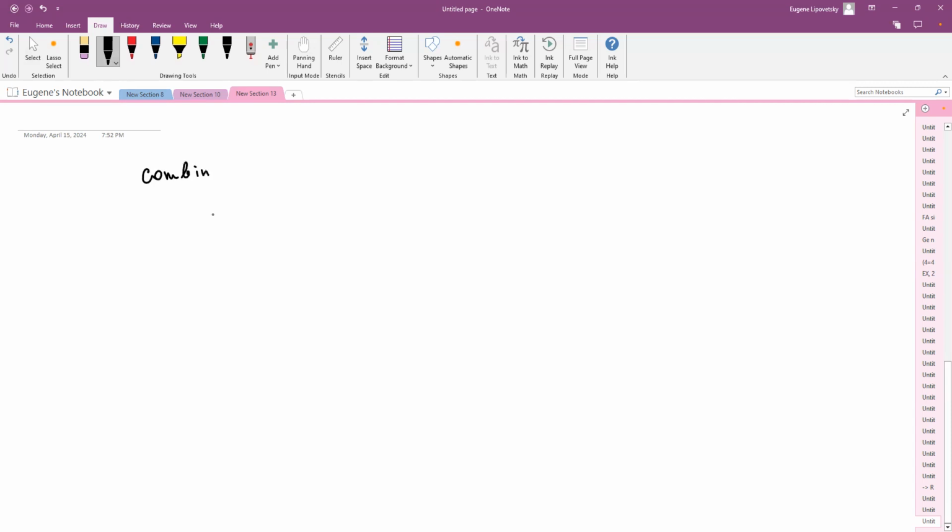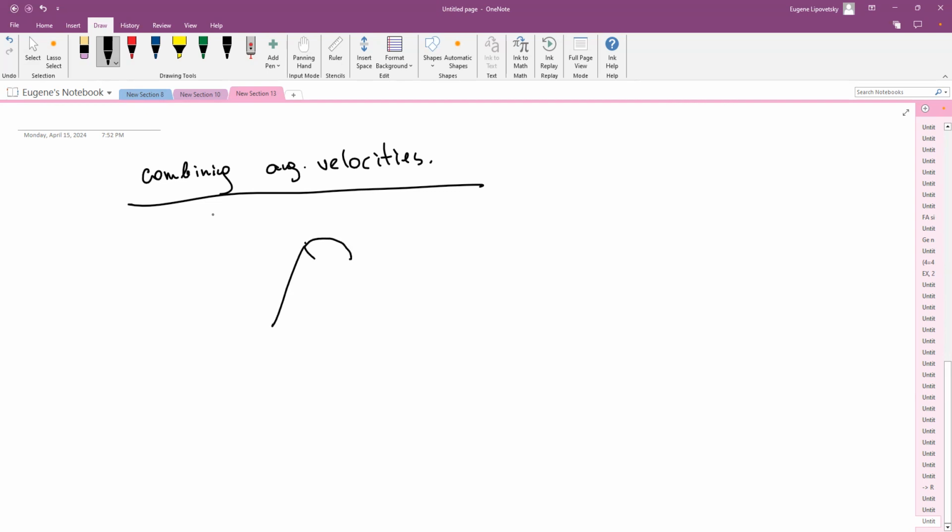Combining angular velocities. Suppose this is a rigid body.